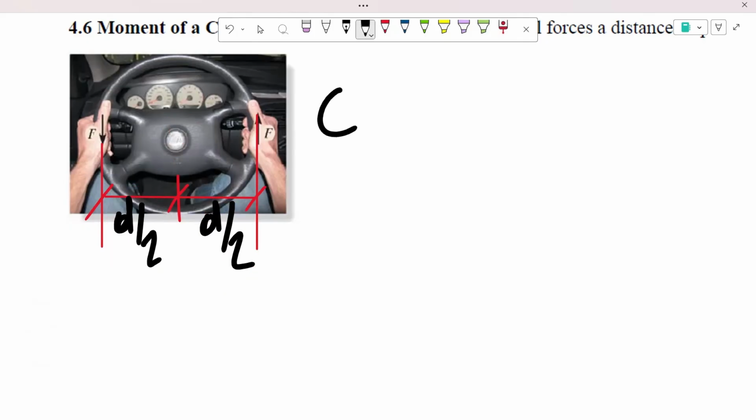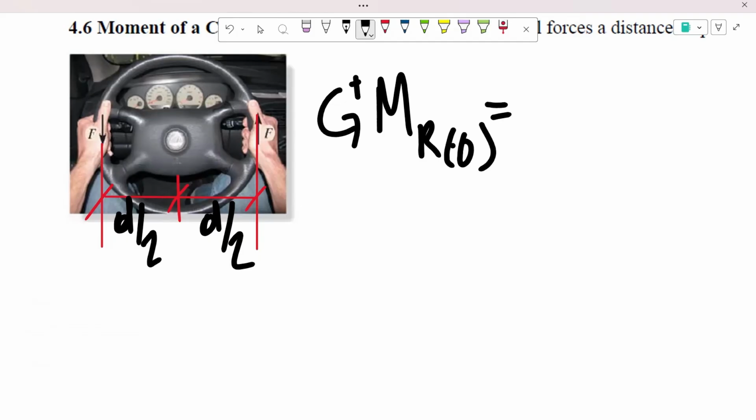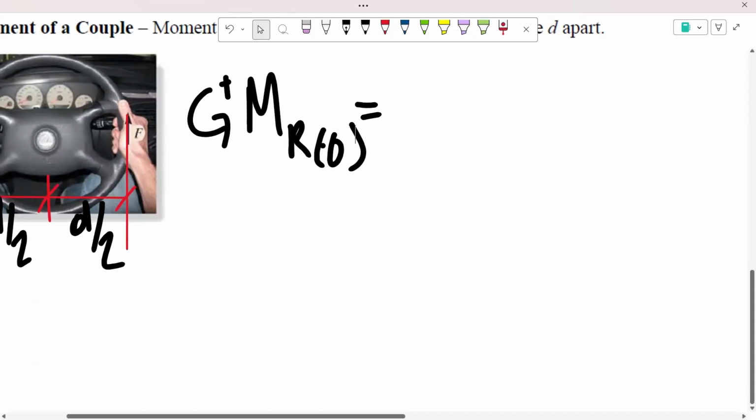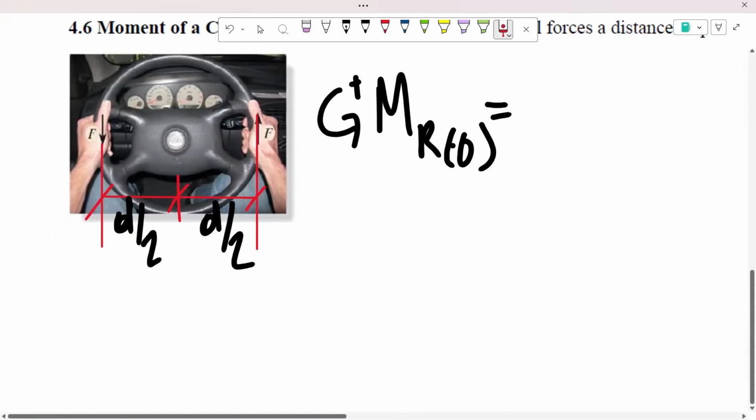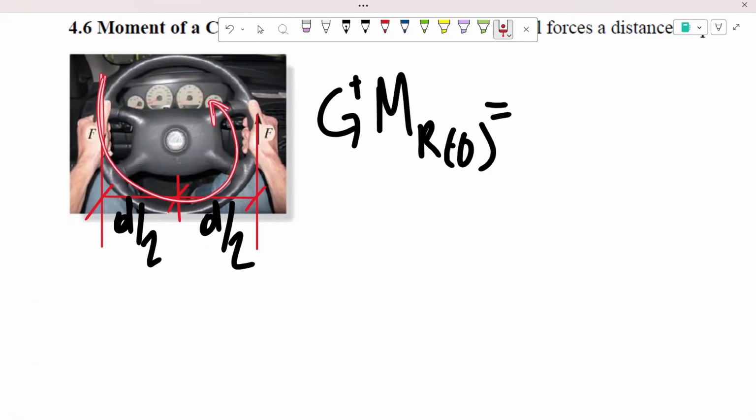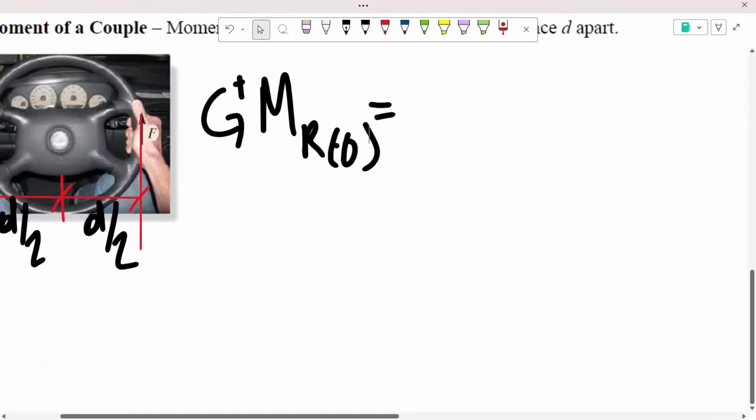If we were to write that out, we would write out our sign convention, that our moment about that point, which here we'll call O, is equal to: this force on this side is creating a counterclockwise moment, which is positive, and this force right here is also creating a counterclockwise moment, so they're both positive.